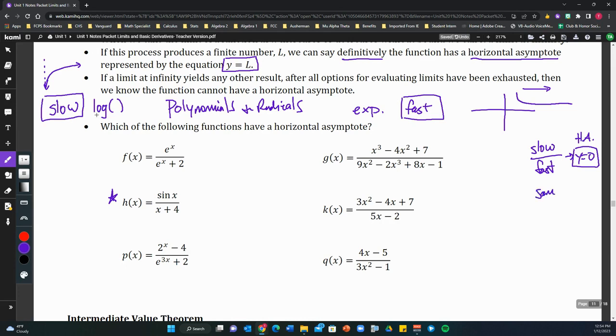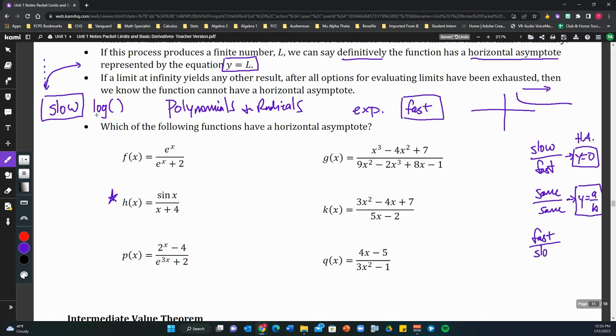When the numerator and denominator grow at the same rate, then it's always a matter of their leading coefficients. Whatever function or term determines the growth rate of the numerator and denominator, we compare their coefficients to create the horizontal asymptote. I'll show you what that looks like here in a minute. And then the third option is when we flip the first one.